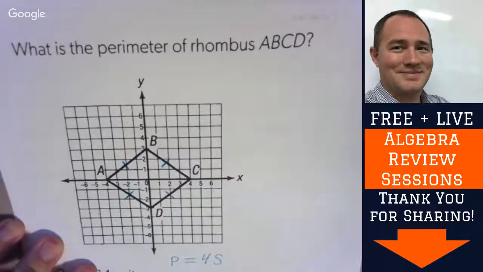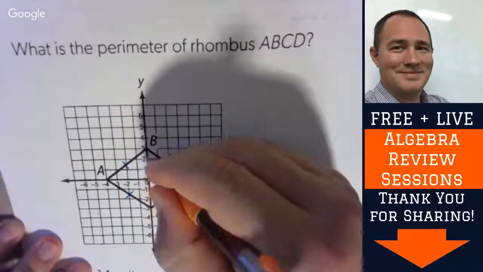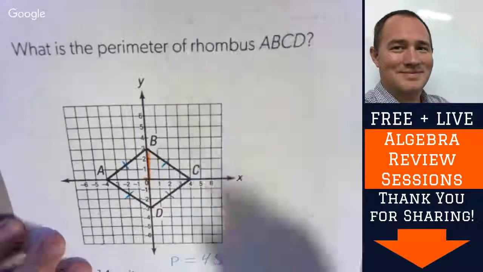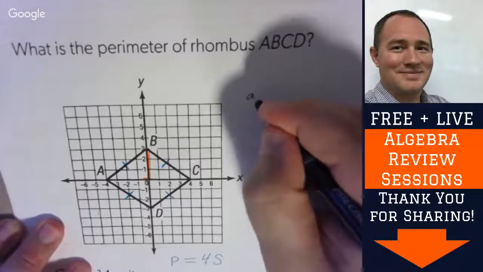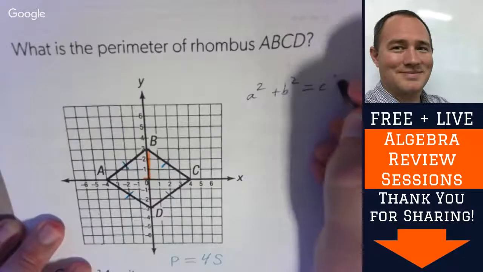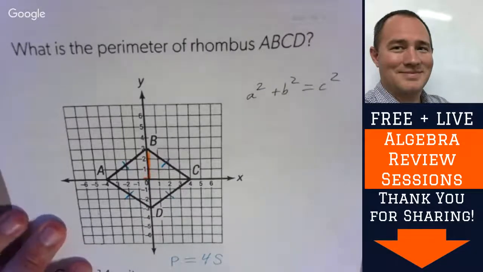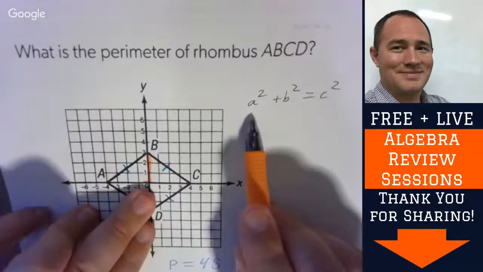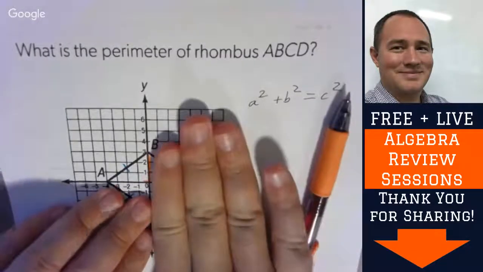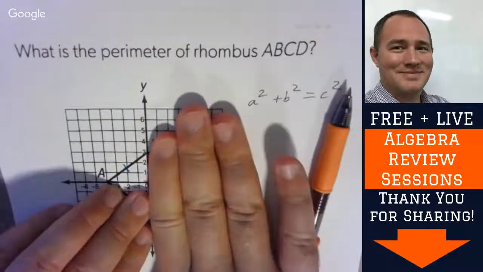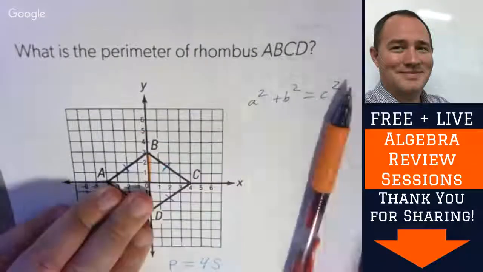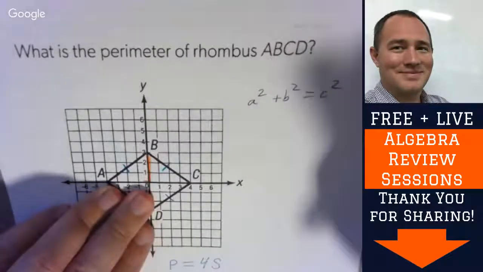What we do know is that the distance between here and here is 1, 2, 3. So going back to the same formula we're using all week, a squared plus b squared equals c squared. We're solving for this triangle, and we want to find its hypotenuse.